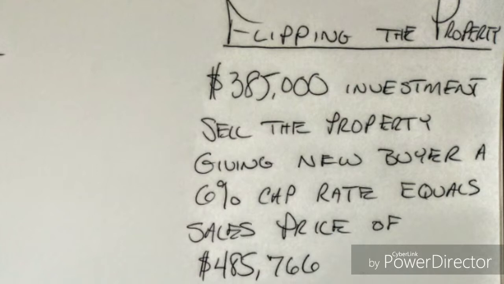Let's just say we're going to sell the property to a new buyer, giving them a 6% cap rate, which is better for them. I know earlier I said we would do 5%, but let's just do 6%. That equals a sales price of $766. Let me show you how we get that.